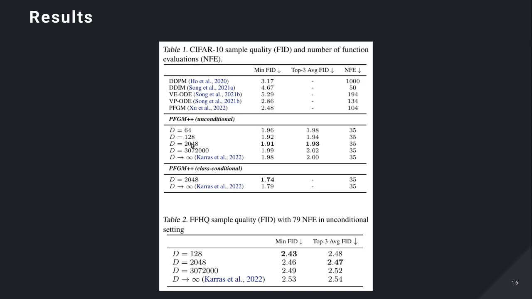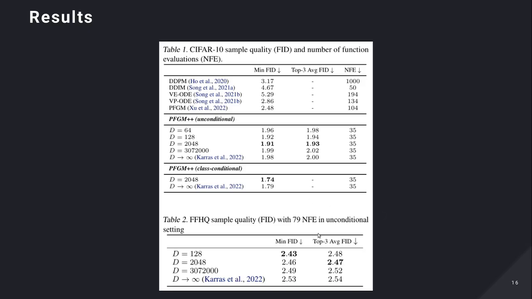For CIFAR10, it's d equals 2048, and for FFHQ, it's more like 128. They also compare the number of function evaluations, which is a measure of how much computation you need. And here again, as in the original paper on PFGM, they showed that you could easily reduce the number of function evaluations during your sampling process, and it still performed pretty well. So it's also technically cheaper.